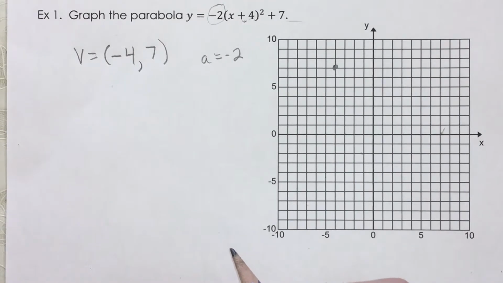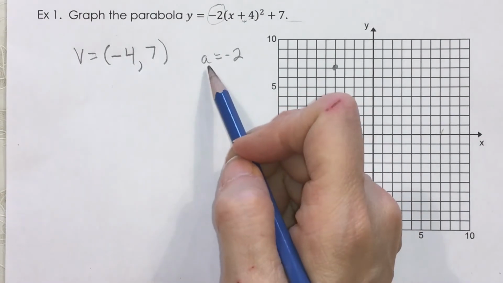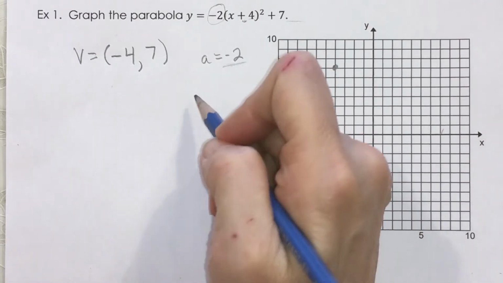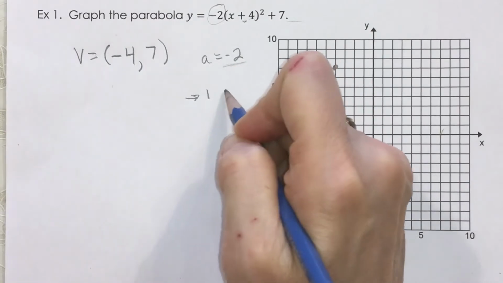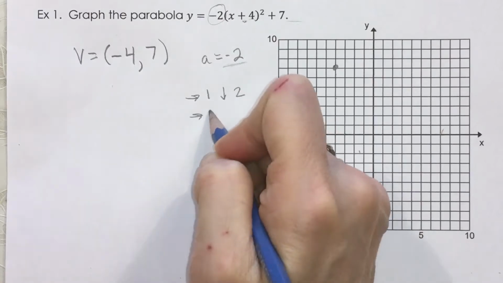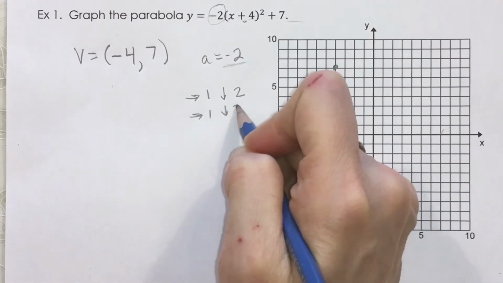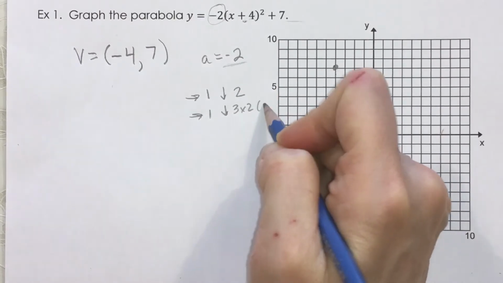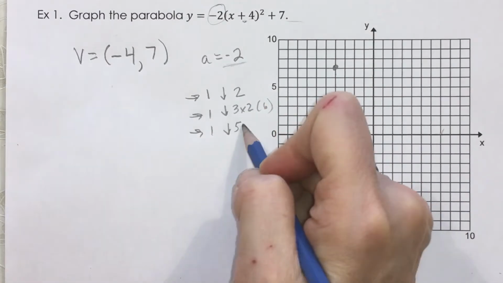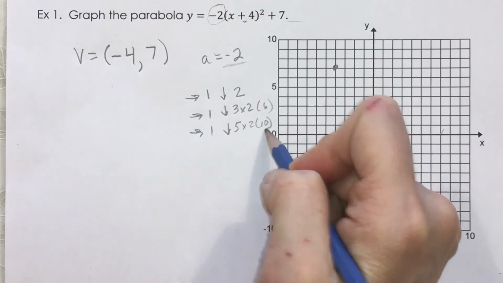And if you remember, if your step number was 1, it would be up 1, up 3, up 5. But if your step number is -2, it means you're going to go over 1, down 2, like 1 times 2, over 1, down 3 times 2, which is 6, and over 1, down 5 times 2, which is 10.